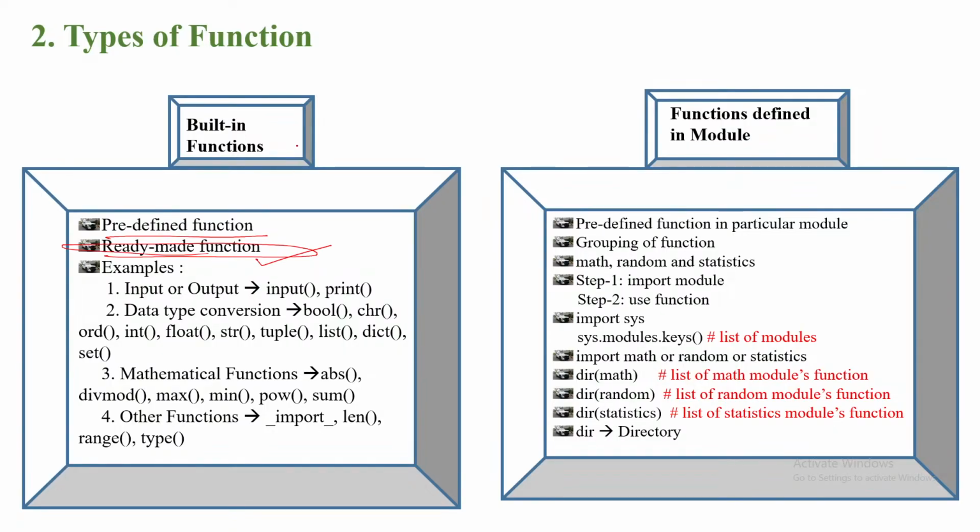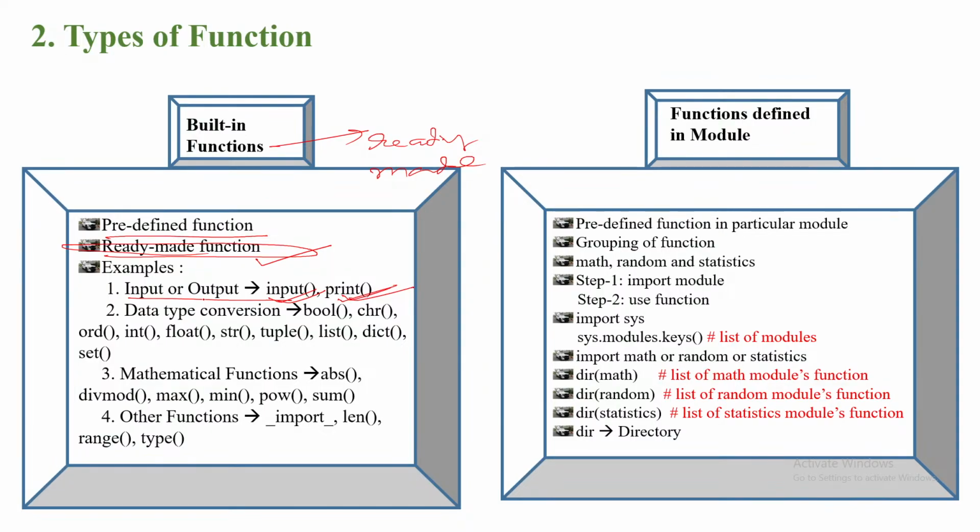Built-in function is called ready-made function. Examples: input and output. For input we write the input function. For output we write the print command. We call the print command to display the data.